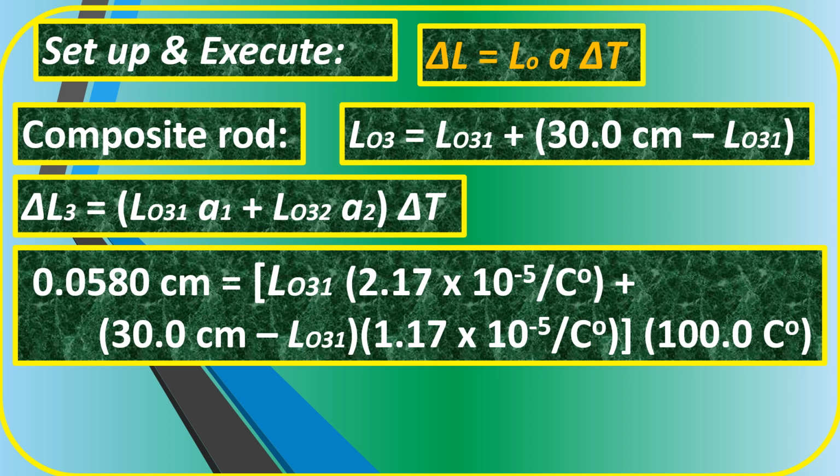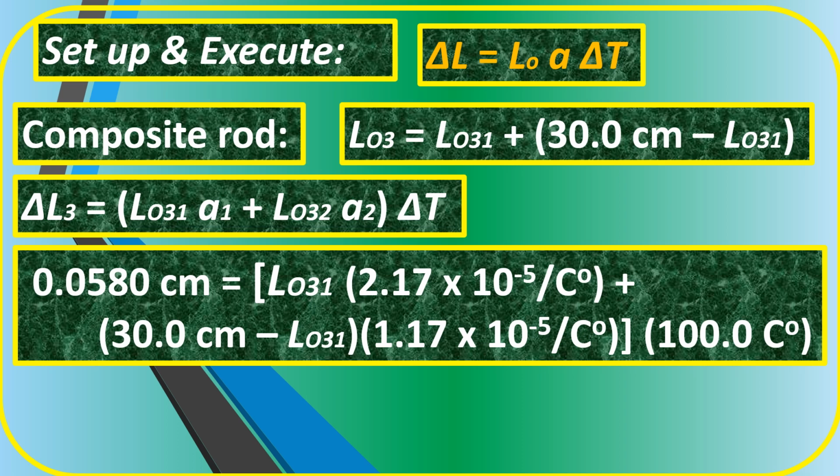So that will be added to the product of 30.0 centimeters minus L naught 31. This quantity pertains to the initial length of the rod 2 portion of the composite rod, which will be multiplied by its coefficient of thermal linear expansion, or alpha 2, which we also earlier calculated as 1.17 raised to the negative 5 per Celsius degree.